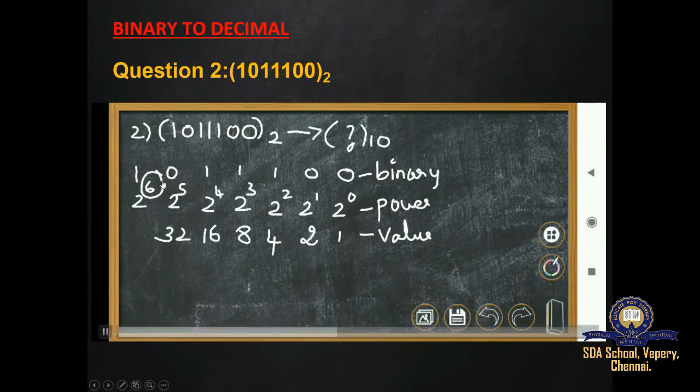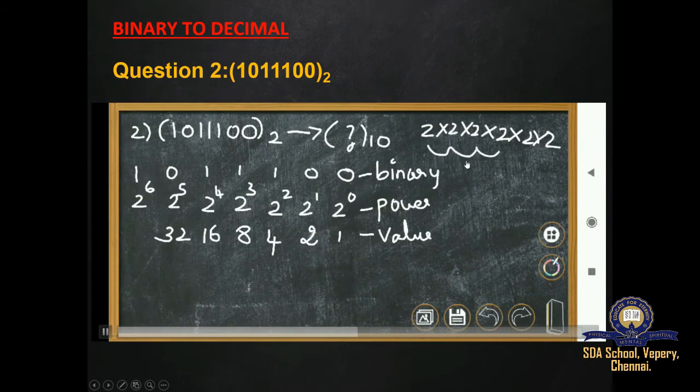Now we have the power as 6. So we have to multiply 6 times: 2, 2, 2, 2, 2 and 2.